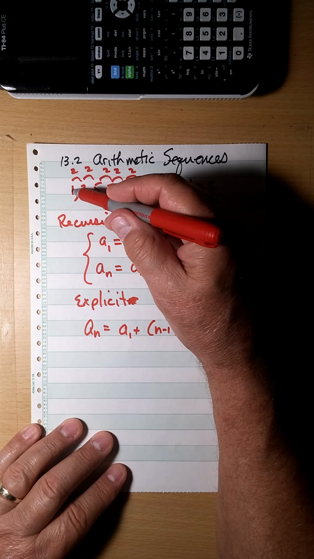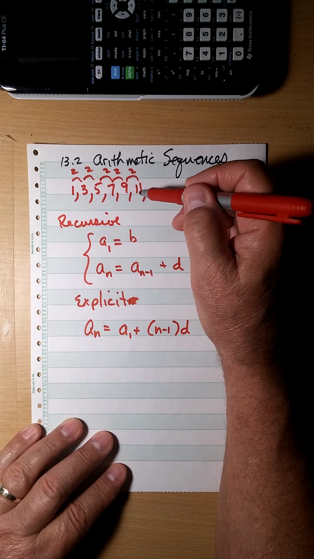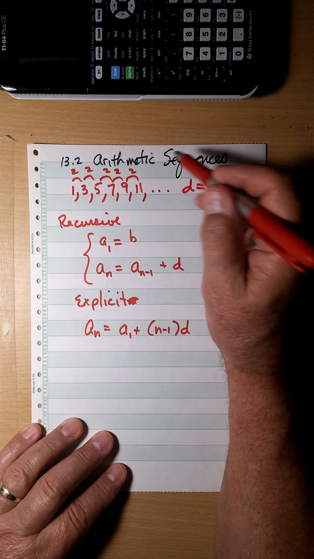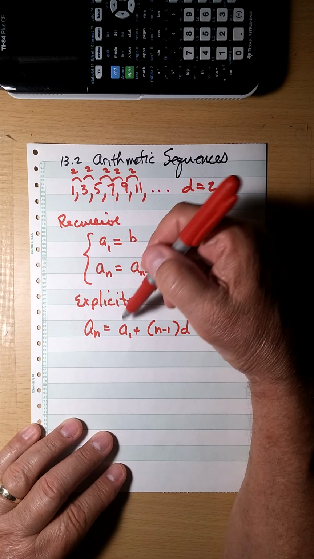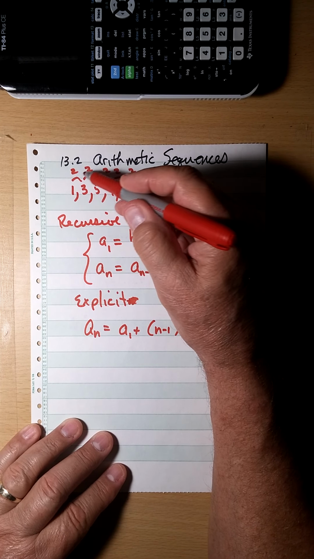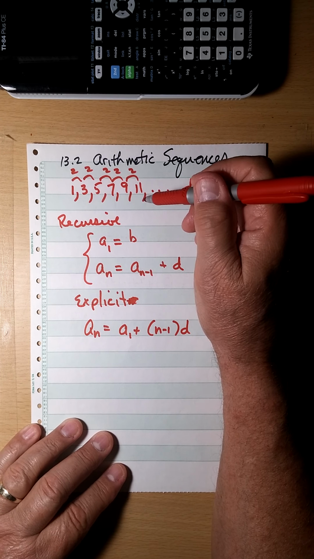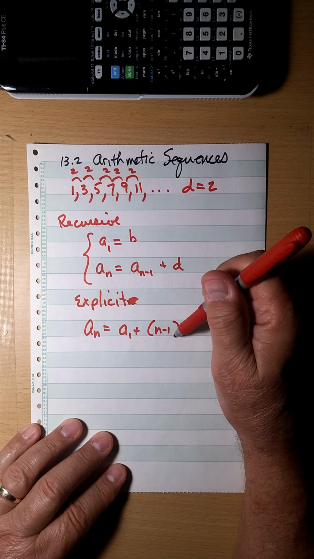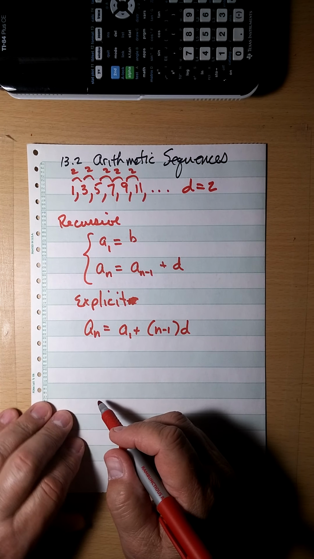See, this is 1, 2, 3, 4, 5, 6. The sixth term in an arithmetic sequence, we need the first term and add 1, 2, 3, 4, 5 2's. Since we want the sixth one, it's n minus 1 2's in this case. That is the explicit form.